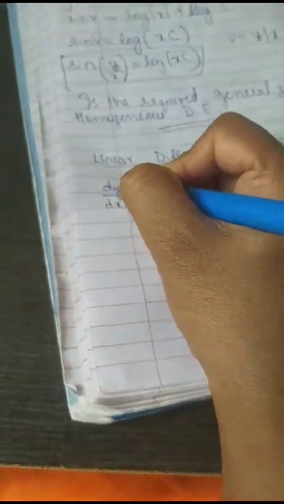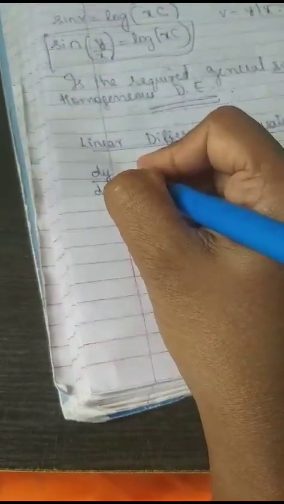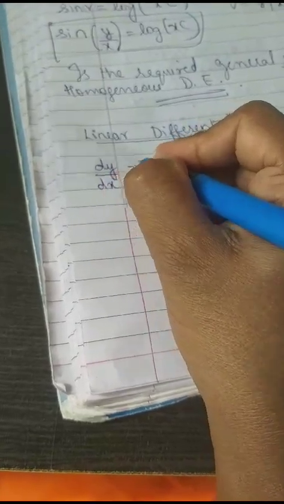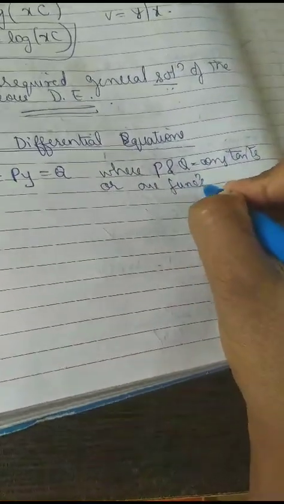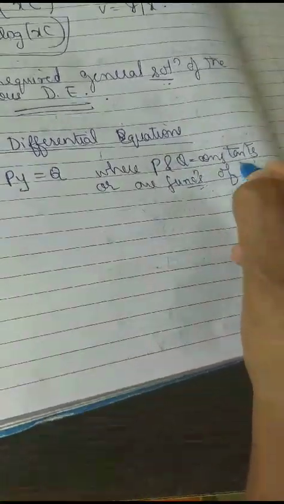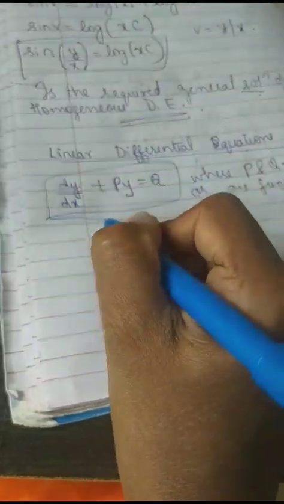Suppose any differential equation which is of the form dy by dx plus p into y is equal to q, where p and q are constants or are functions of x only, is called a linear differential equation.